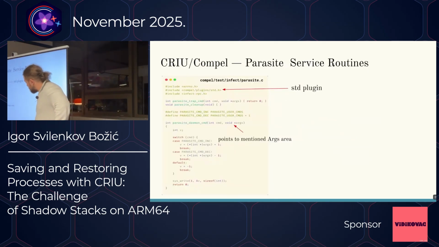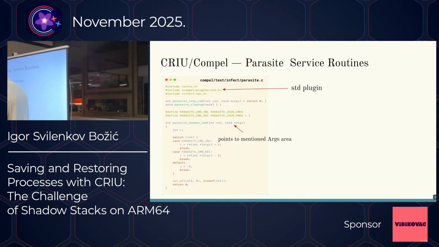And here's an example. This is a test that I mostly worked on, but if you were to create your own parasite using binary, you can just include this standard compel standard library, then make a small switch statement and do something with whatever commands you have.